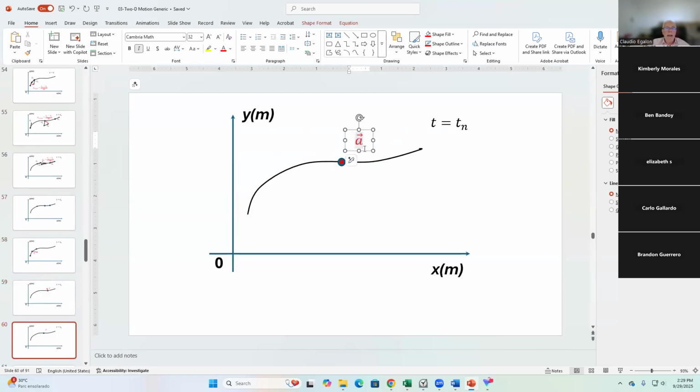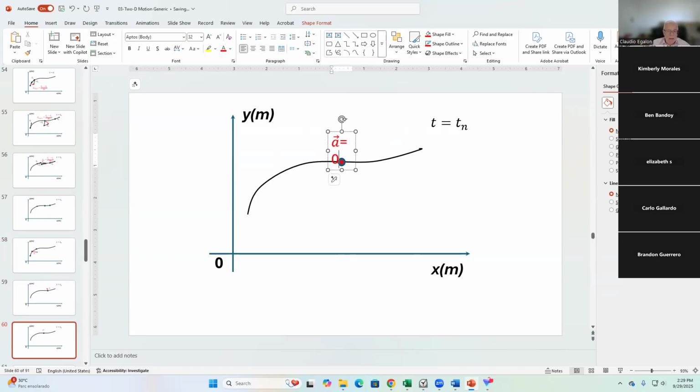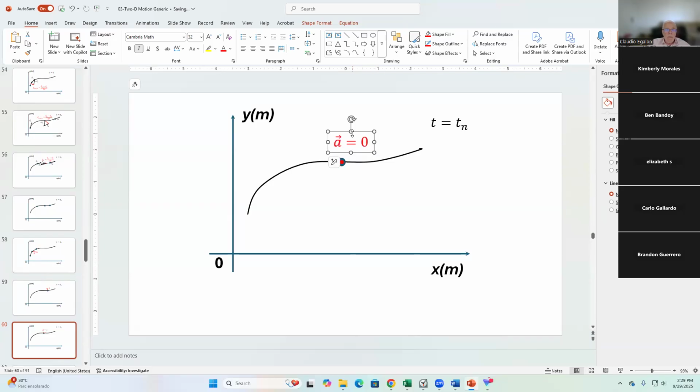Yeah, A equal to 0. Do you get the idea? We can write that down.